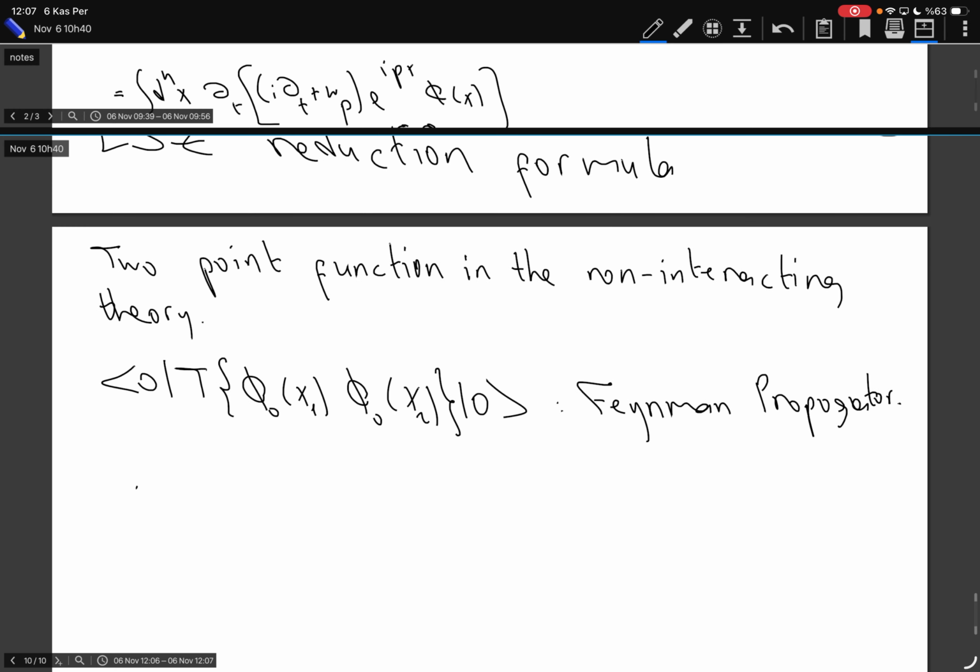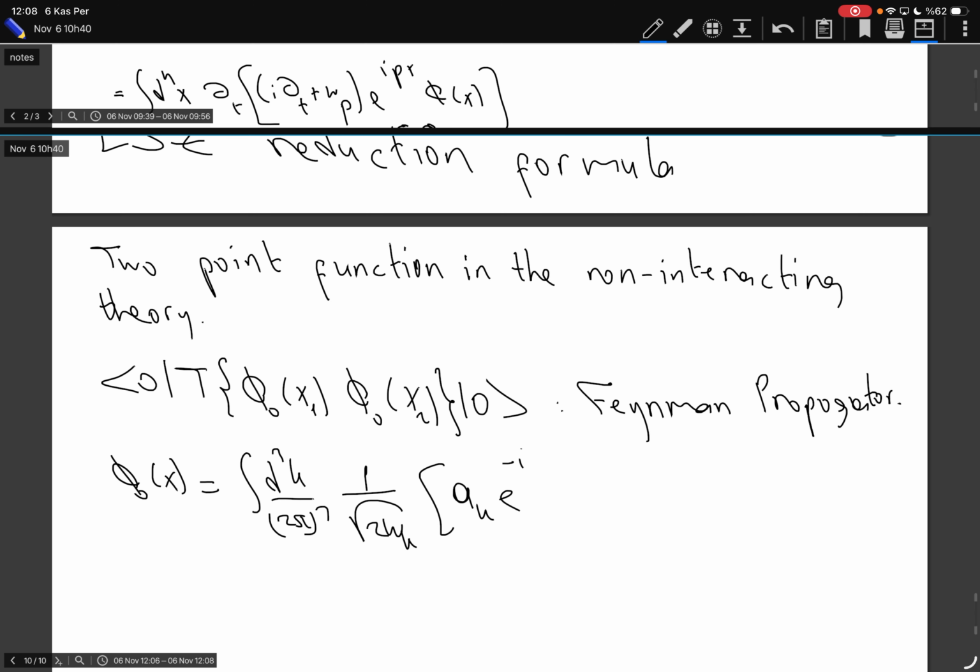Well, I know what these phi's are. Phi 0 of x is the integral d cubed k divided by (2 pi) cubed, 1 over square root of 2 omega k, a k e to the power minus i k x plus a k dagger e to the power i k x.